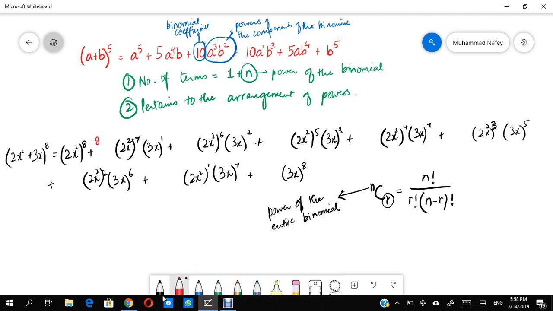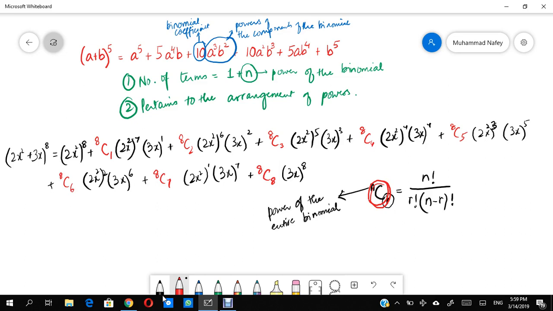So this would be 8C1, this would be 8C2, 8C3, and C is basically just a function, just like logarithm is a function. So obviously C does not have a value. 8C3, then 8C4, 8C5, 8C6, 8C7, and 8C8. Right. So we are now done with this expansion.